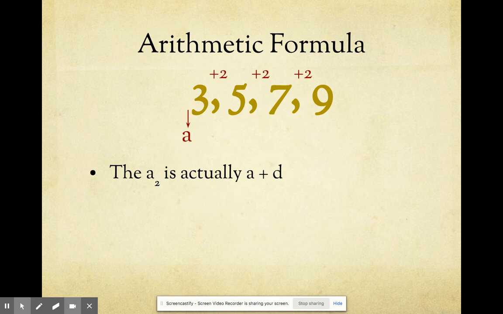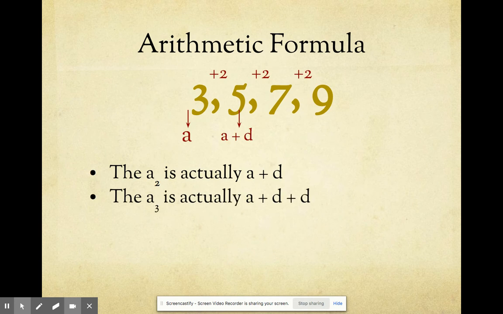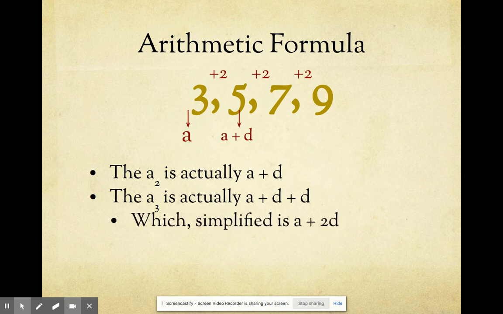A2 is actually A plus D, D meaning the difference. So 3 plus 2 gives you 5. And then 7 will be A plus D plus D, so 3 plus 2 plus 2 gives you 7, which is simplified as A plus 2D.